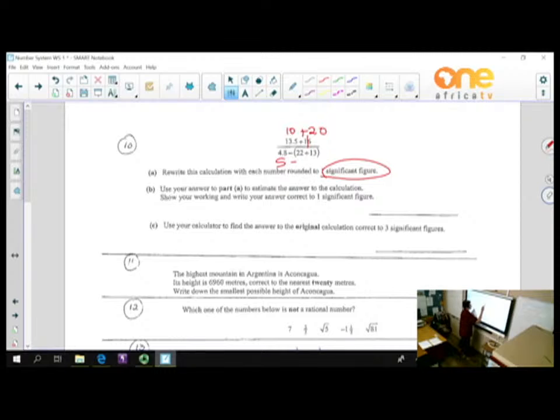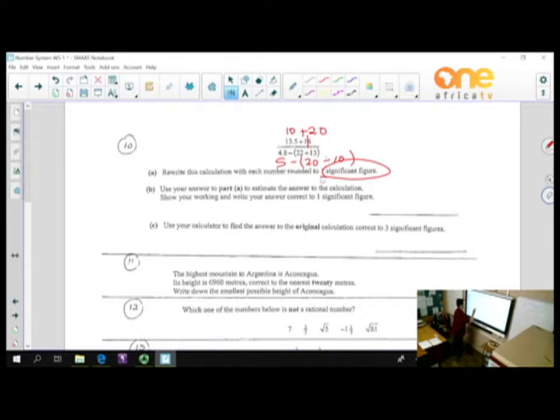Minus 22, so what is 22? 20, because the 2 won't influence it. And then divide by 13, which is then also 10.